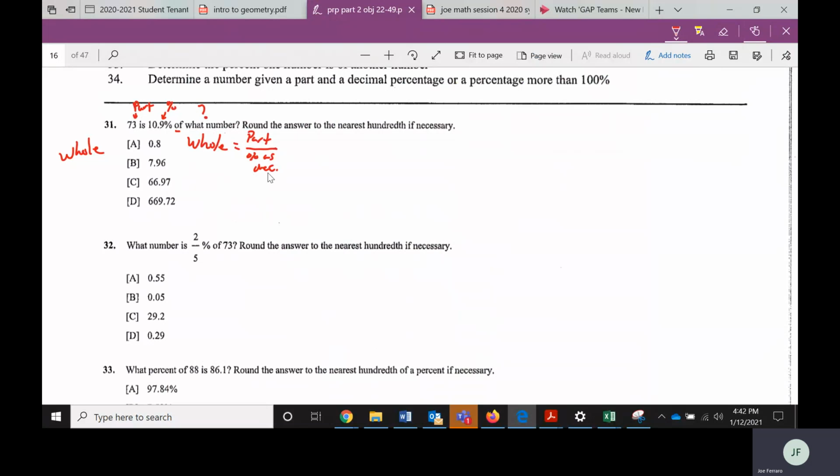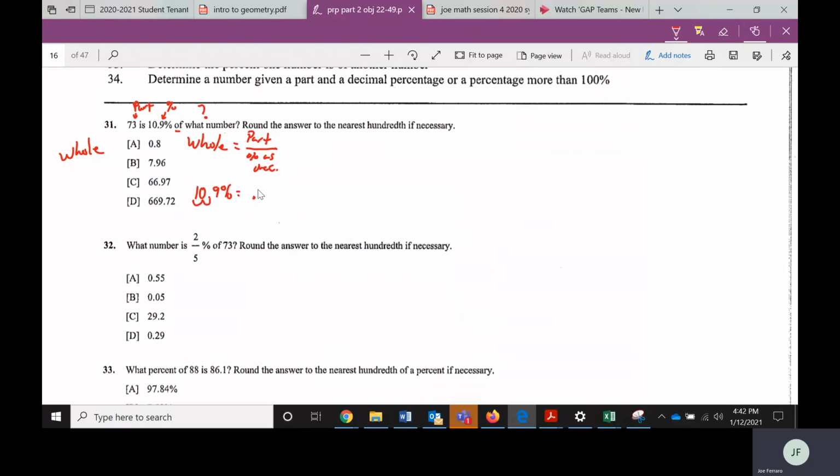Okay. So the first thing here, if we need the percent as a decimal, and this is the tricky part in some of these, we have to change our percent to a decimal. 10.9%. In review of this, last session we had math. You move it to the left twice. So 1, 2.